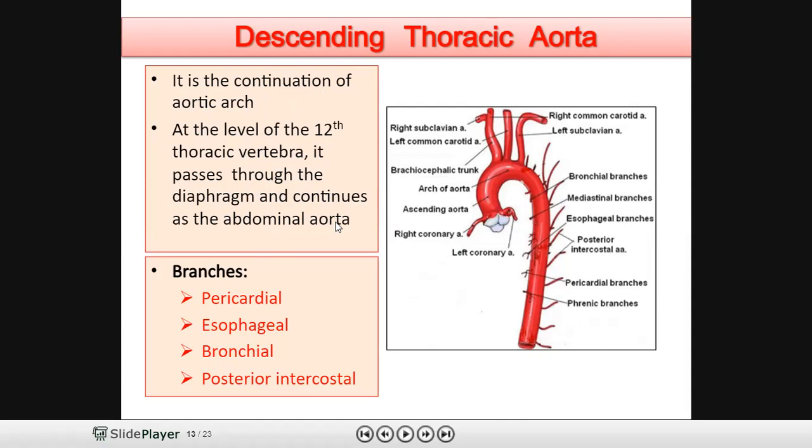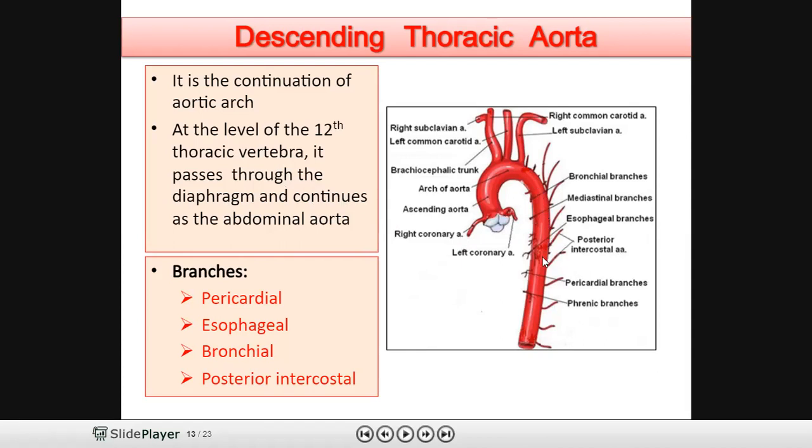Now pay attention to this. At the level of T12, which is the 12th thoracic vertebra, what happens to the thoracic artery? It passes through the diaphragm and it continues as the abdominal aorta. So this is descending thoracic aorta.